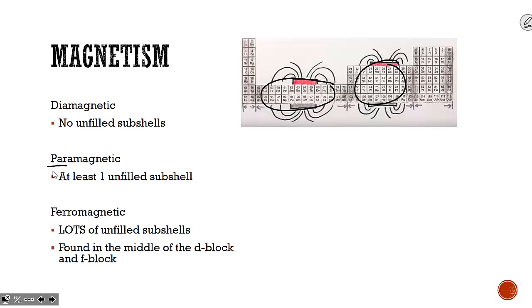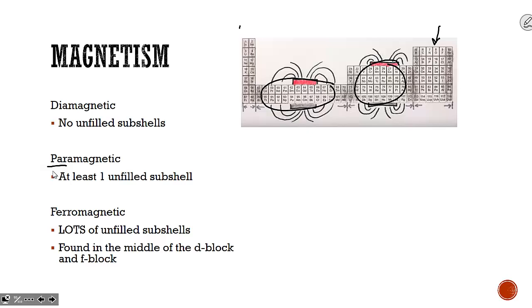They'll respond to a magnetic field. Even simple or small elements like, for example, oxygen. You can use a very strong magnetic field to attract pure oxygen. It's not great, but there are videos where you can watch people fill balloons with oxygen and then attract them with a magnetic field. It's kind of cool.